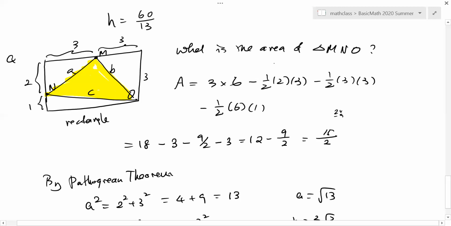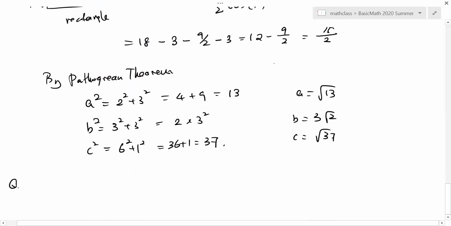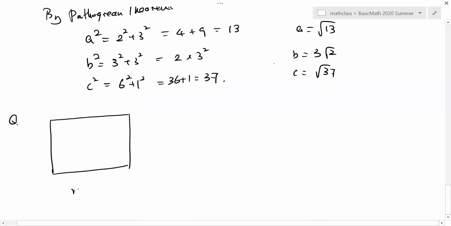Okay. So I'm going to ask you to do one more problem like that. I hope you understand. Okay. So here is going to be the triangle. This is a rectangle. Okay.